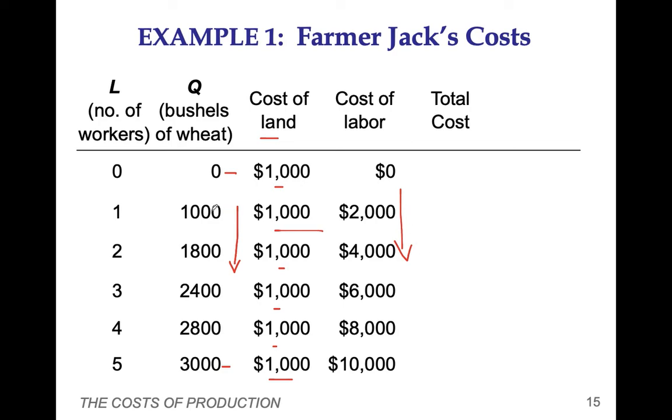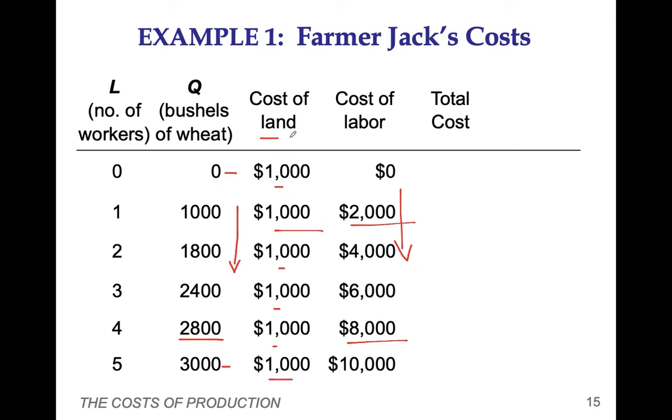If the farmer produces 1,000 bushels of wheat, the cost is $2,000. But if he wants to produce 2,800 bushels of wheat, the cost of labor becomes $8,000. So it does change with respect to the quantity of output.